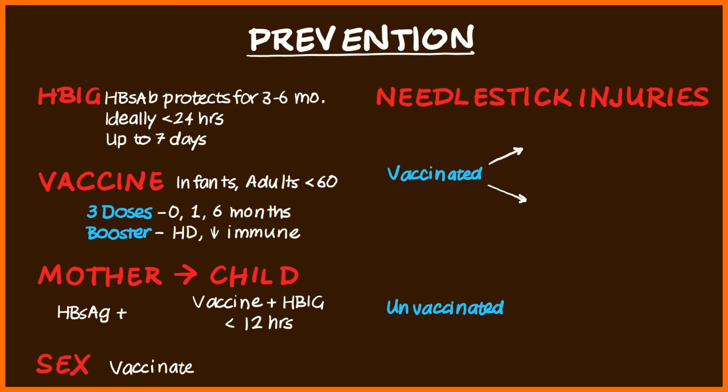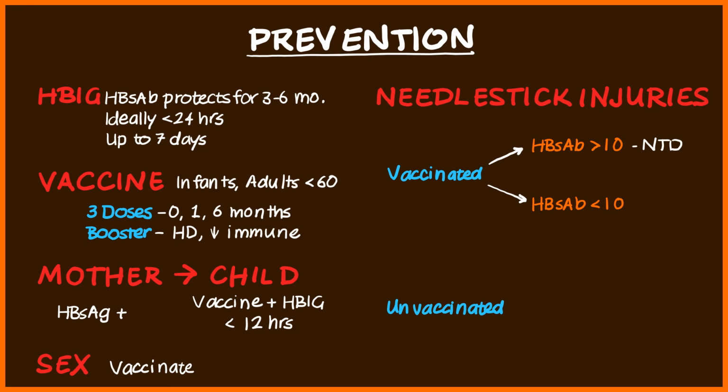There are 2 different ways to go based on whether their surface antibodies are greater than 10 or less than 10. If it's greater than 10, that means they're immune, and even if the patient did have hepatitis B, they're good, so there's nothing to do.